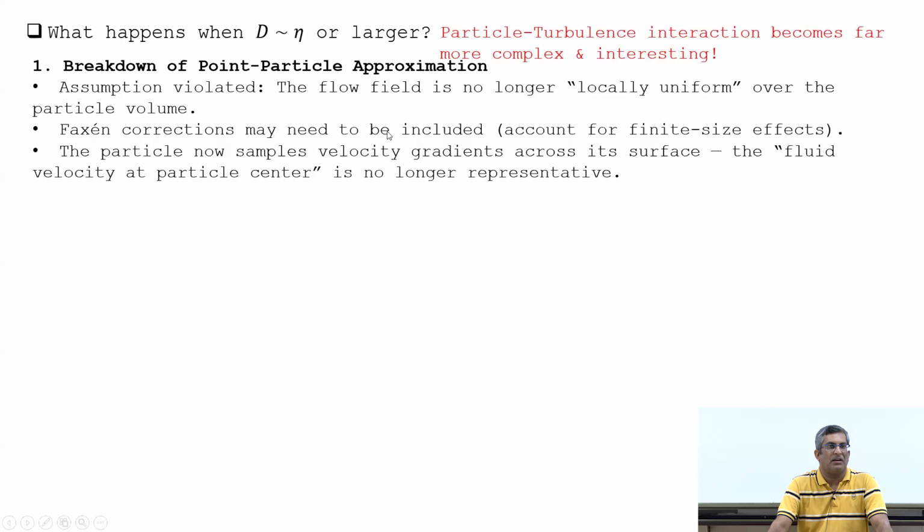That is, if the flow field is not uniform, there is some non-uniformity, then the Faxén force accounts for that. And the particle now samples velocity gradient across its surface, which means that the fluid velocity at the particle center is no longer representative.